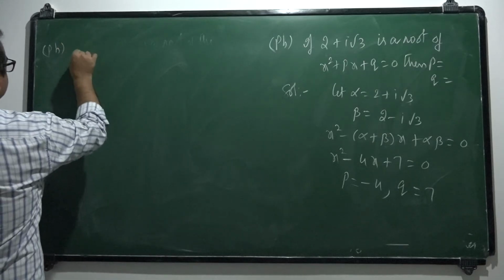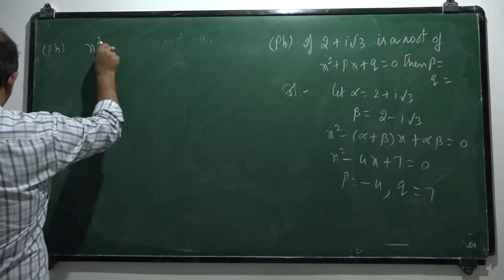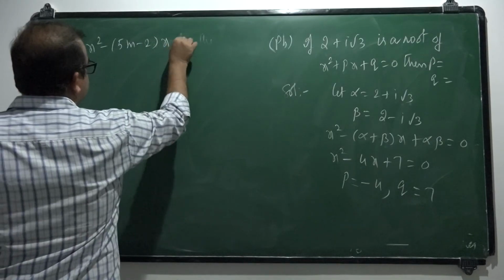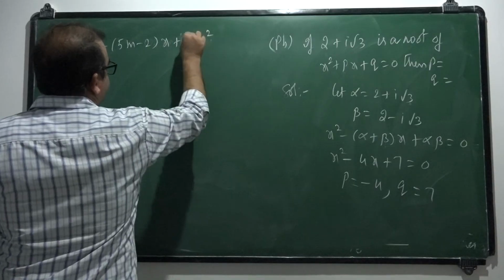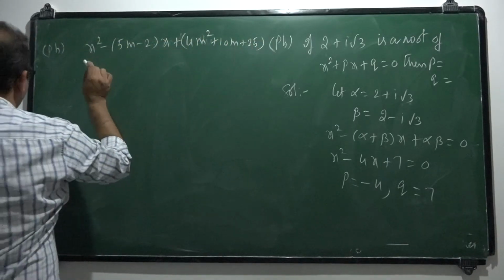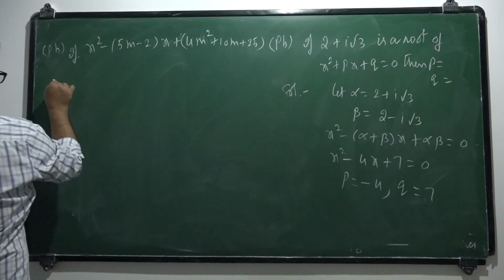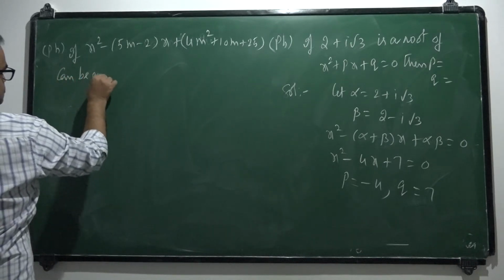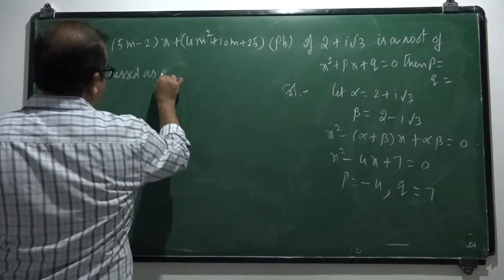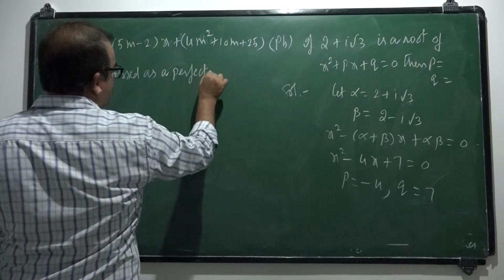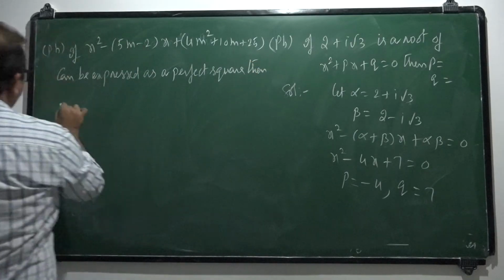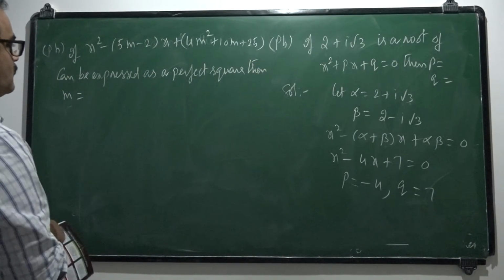If the expression x square minus 5m minus 2 into x plus 4m square plus 10m plus 25, if that expression can be expressed as a perfect square, then m is equal to.